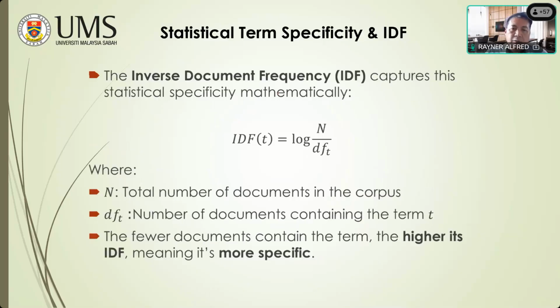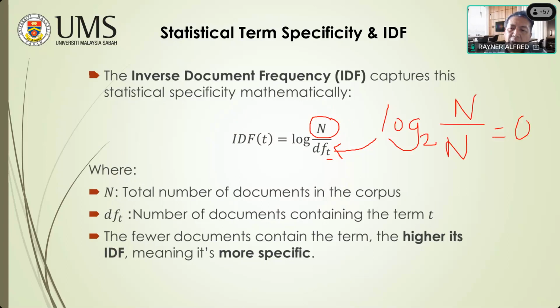Okay, so in the inverse document frequency, we look at the number of documents that the term exists in, out of the total number of documents that we have. So if your total is N, and the term exists in all of the documents, so you have N and N, the value will be 0.